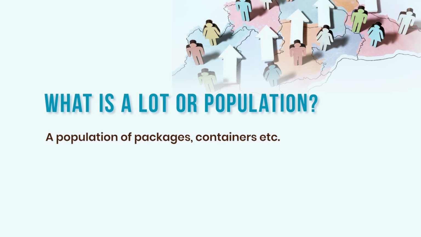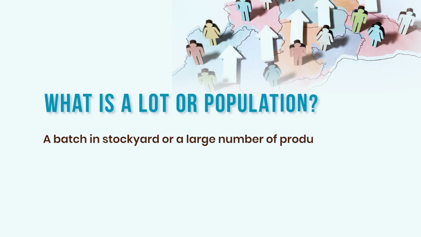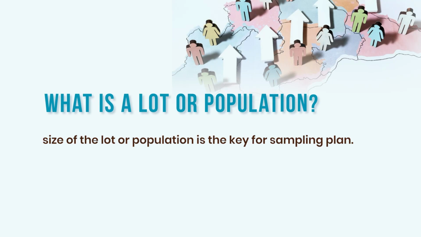Population is nothing but a number of packages like containers in which food products are packed, a batch which is there in the stockyard, or a large number of batches or products which are put in a warehouse. The size of the lot or population is very important for preparing the sample plan.